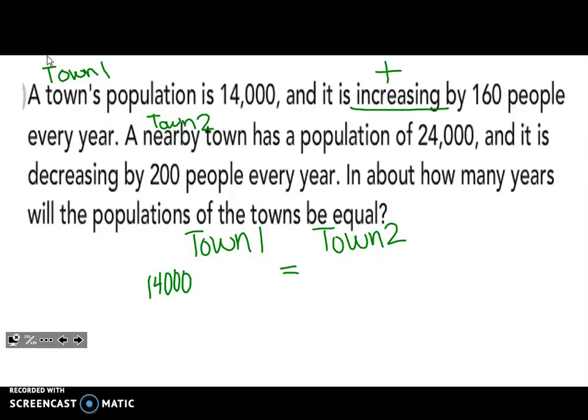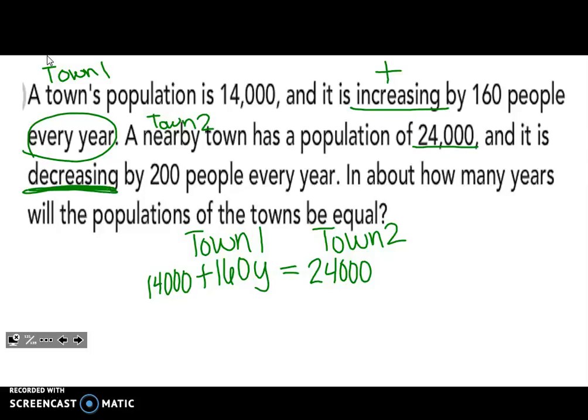Increasing means it's going up, so we're going to add there by 160 people every year. Town 2 has a population of 24,000 and it's decreasing. Decreasing means to go down, so we're going to subtract when it says decreasing, 200 people every year.